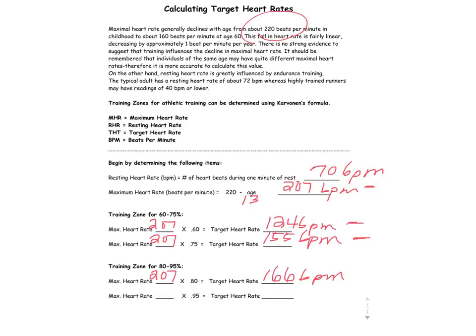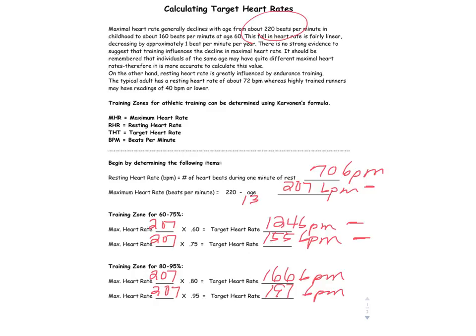And then again, put the 207 in and multiply by the higher intensity of 0.95. That gives us 196.6, so we're going to round up to 197 beats per minute.